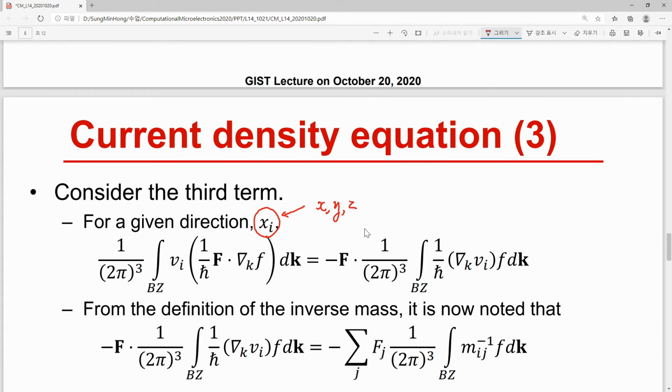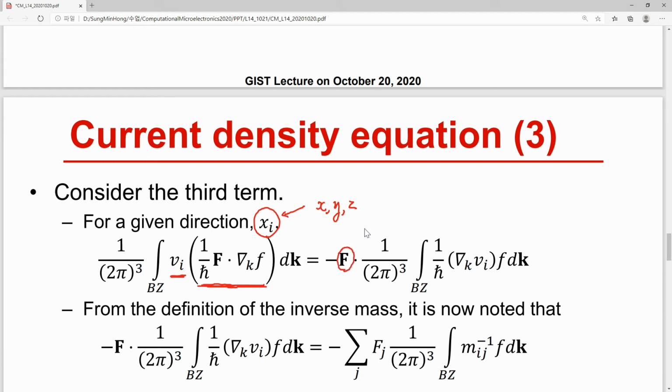So here we have v_i. Okay, so it can be v_x, v_y, or v_z, depending on your choice for i. And here you can see this term is no longer changed. In this case, of course, we can pull out our force, because our force is nothing related with this integration.